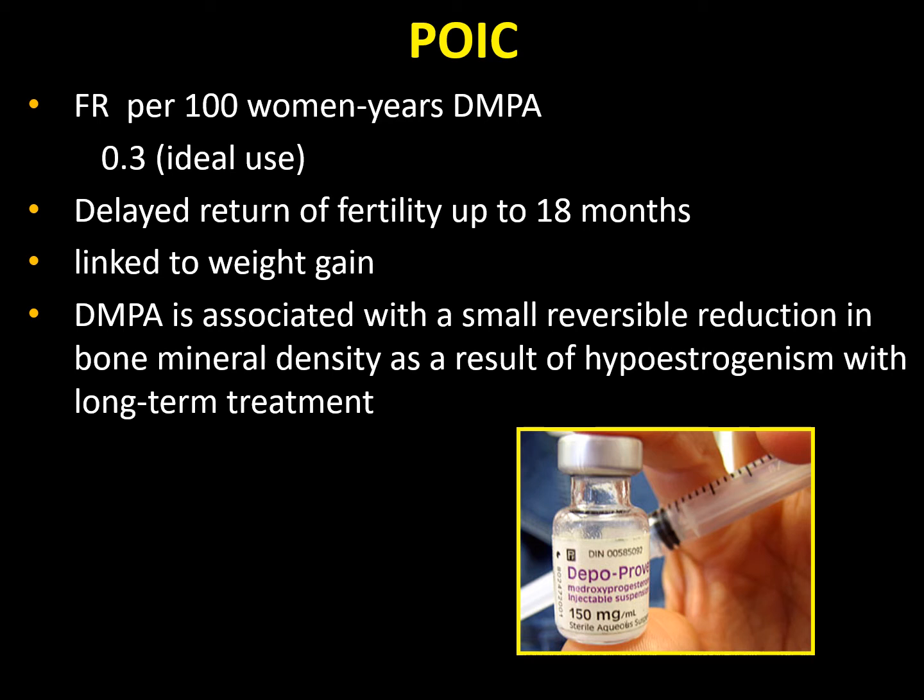It is also associated with a small reversible reduction in bone mineral density as a result of the hypoestrogenism with long-term treatment, and this is why there should be caution with long-term use in those with additional risk factors for osteoporosis and the extremes of the reproductive age.